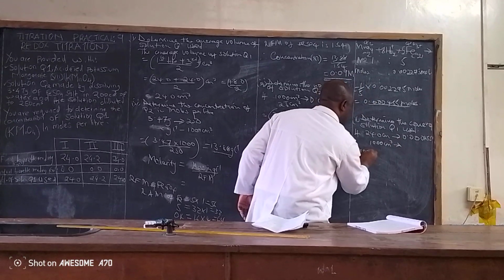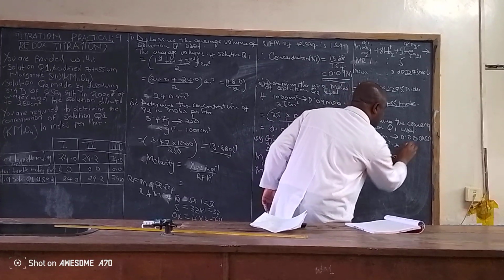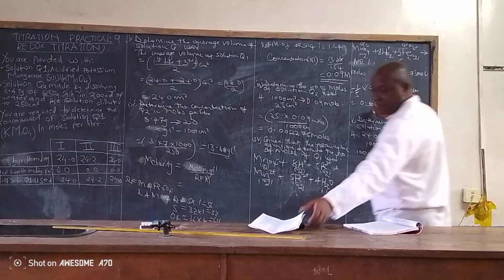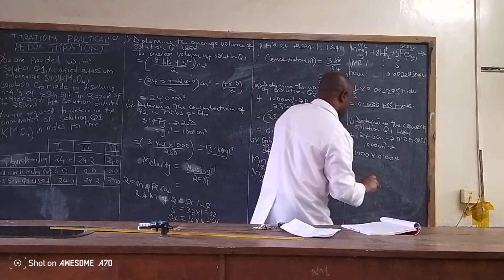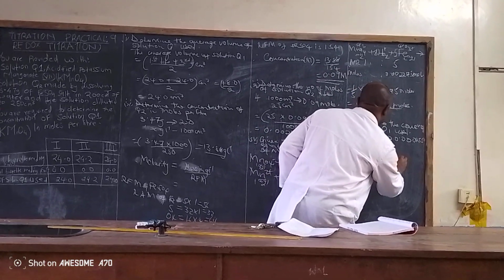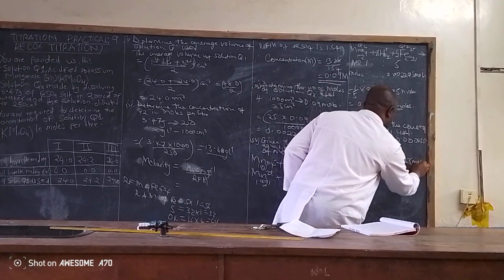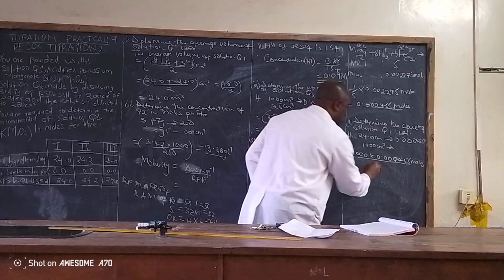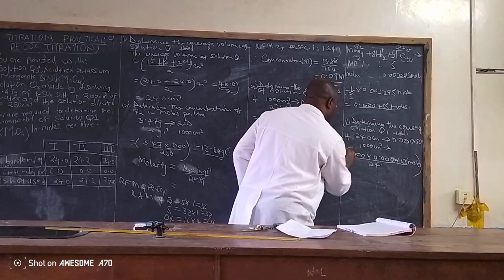We are going to take 1,000 cubic centimeters times 0.000455 moles over 24 cubic centimeters.